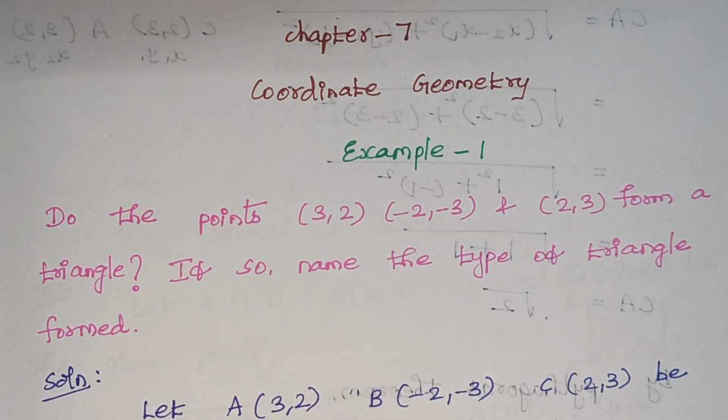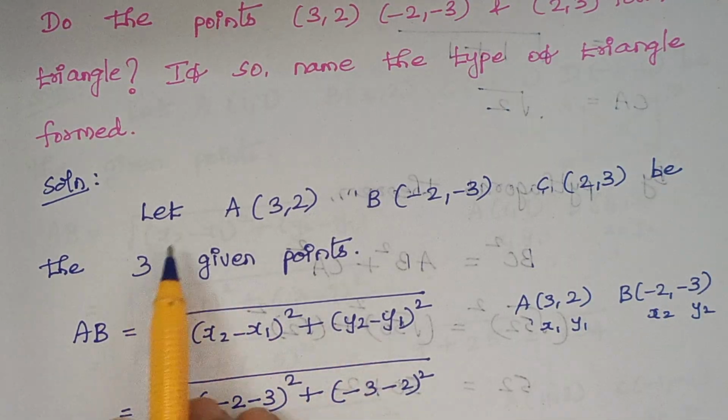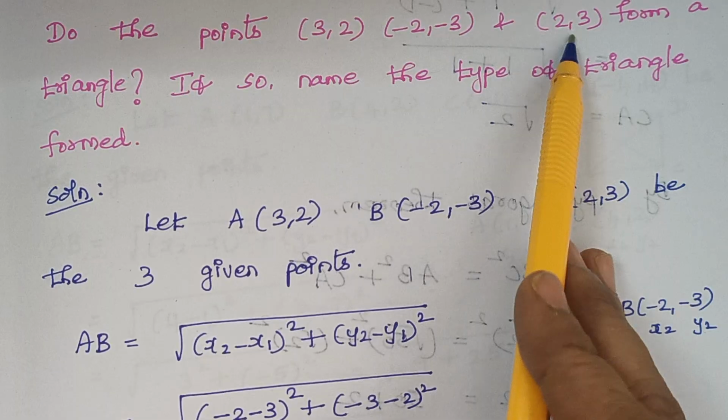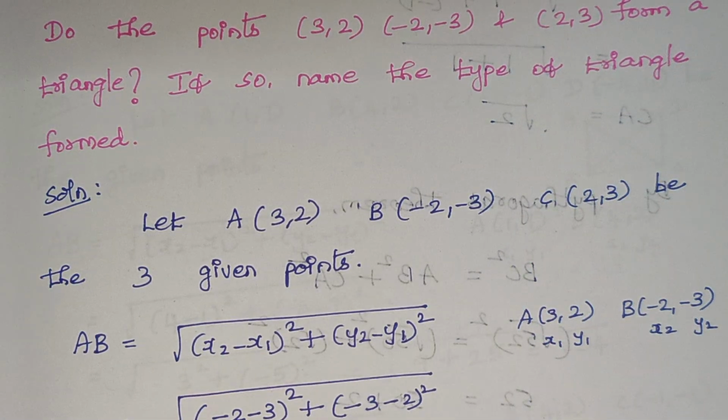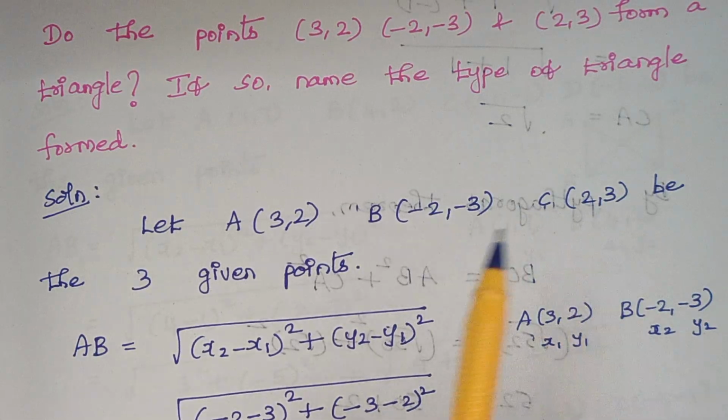Right. So first we are giving names to the points. Let this point be A, this point be B and this point be C. Now we are going to find the distance between any two points. So first I am going to calculate the distance between AB, BC and CA.